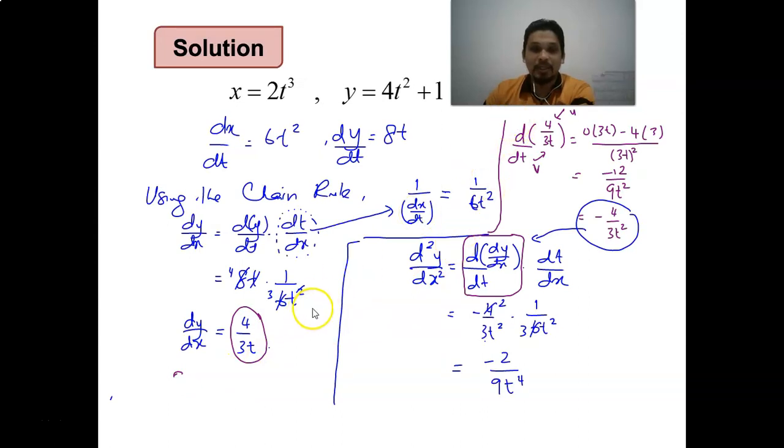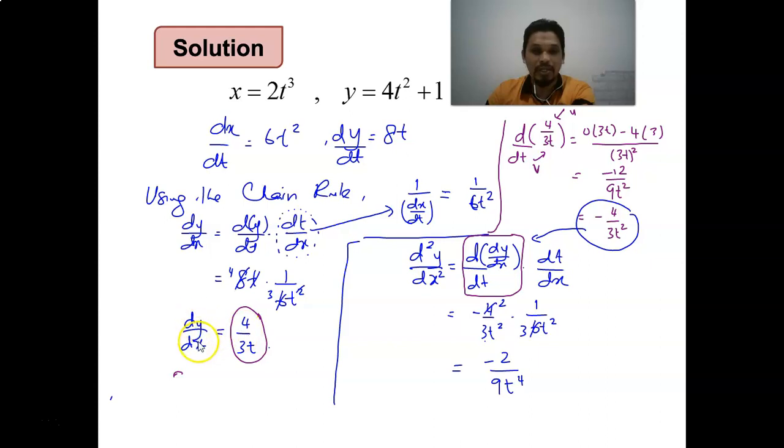Now we are going to copy out the question again. dy dx equal to 4 divided by 3t, and the second derivative of y with respect to x equal to negative 2 divided by 9t to the power of 4.